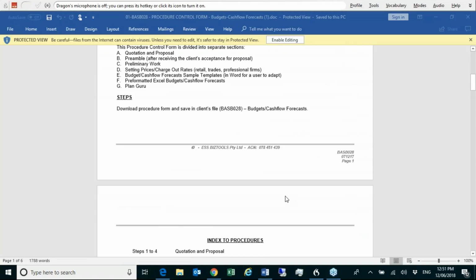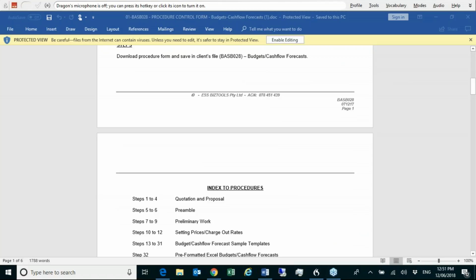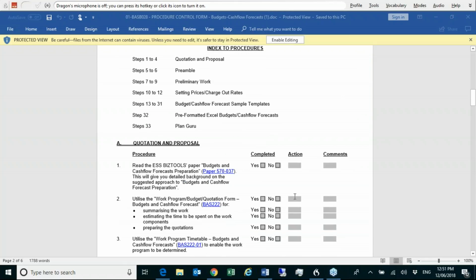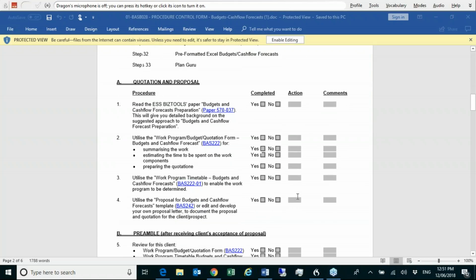And in this package, we have specific worksheets prepared, spreadsheets prepared for calculations relative to professional firms, trades and subcontractors, and retail stores.